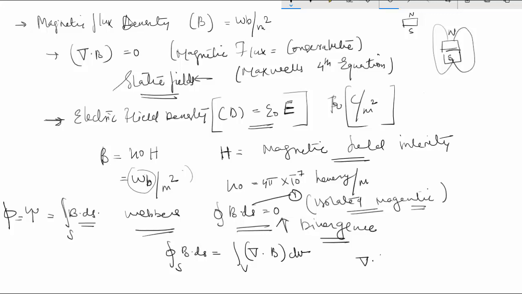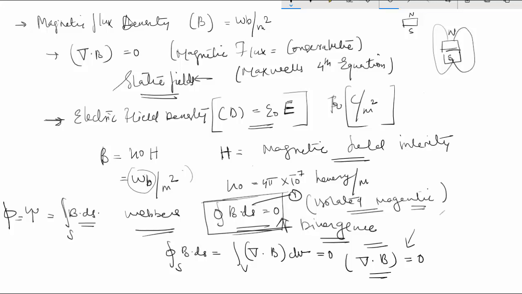So del dot B is equal to 0, since the surface integral of the magnetic flux density across a closed surface is 0. This is known as the conservation of magnetic flux.